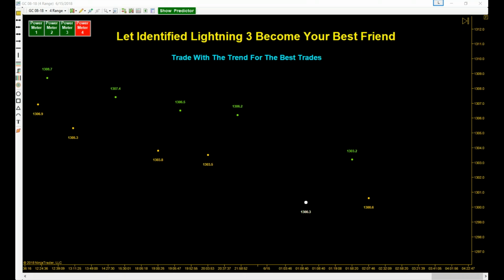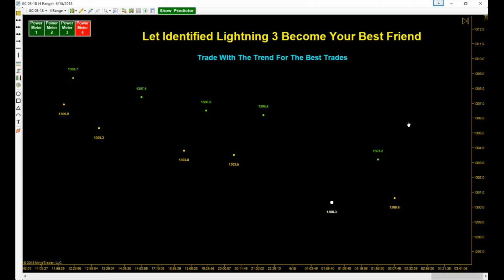But just a real quick heads up for new people and also members in the room. By looking at this chart right now, what is the overall trend? And of course, even though this Lightning 3 is green right here, see Lightning 3 is green, that is not identified lightning.